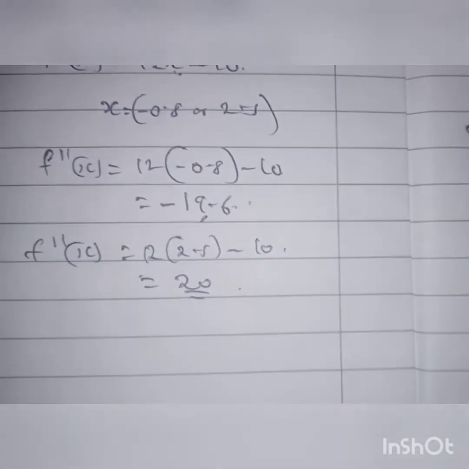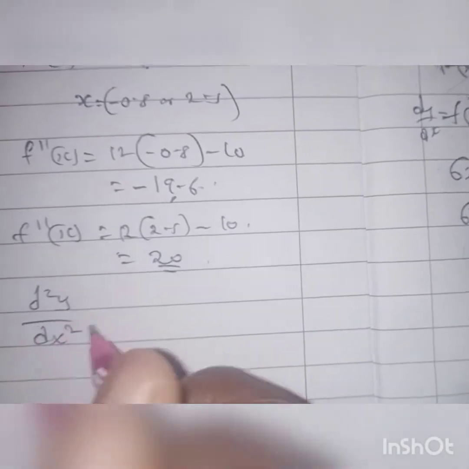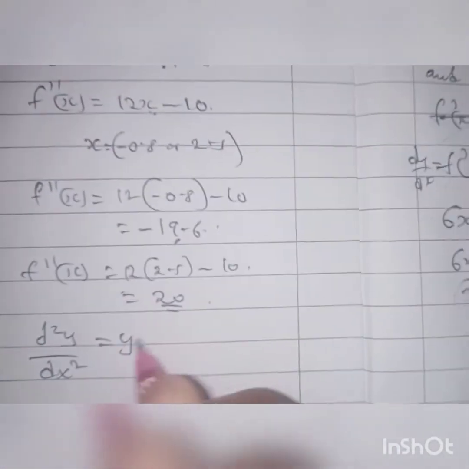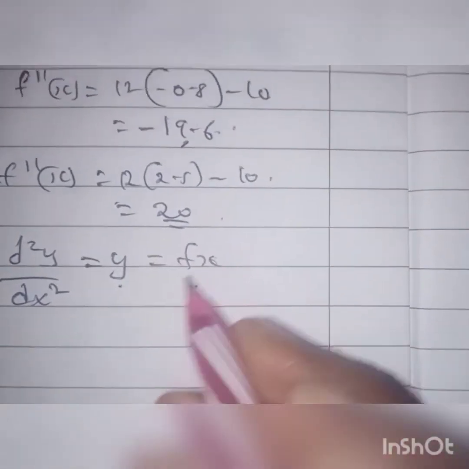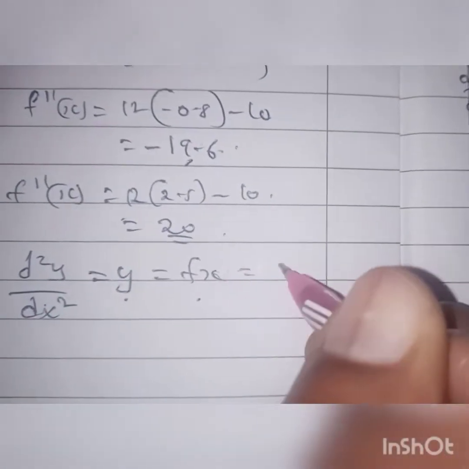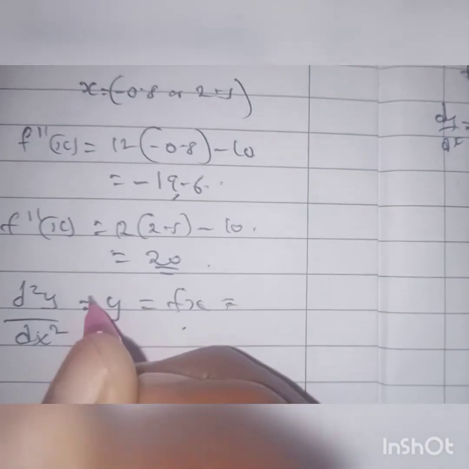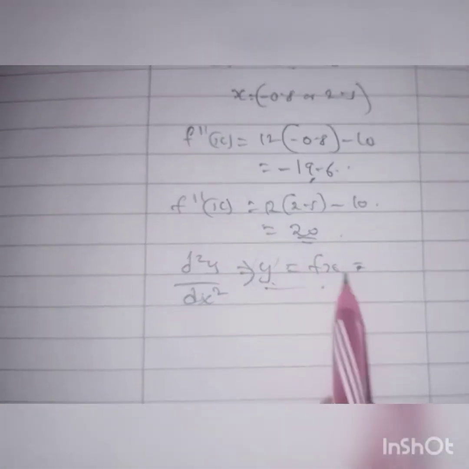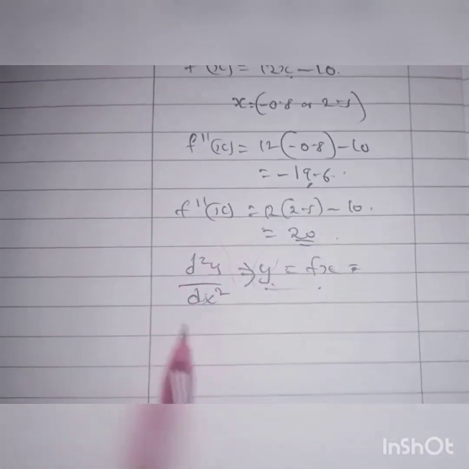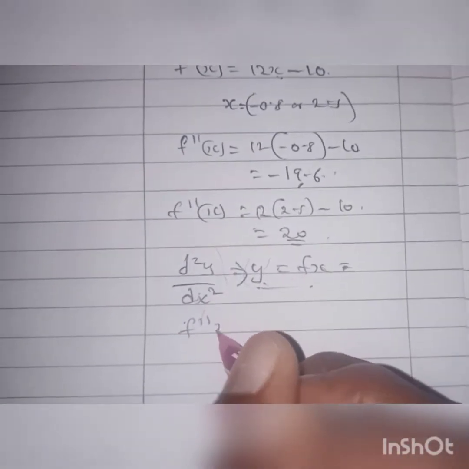So here, the second derivative is d squared y over dx squared, for a function y equals f(x). For any function given by y or f(x), the second derivative can either be written in this form or as f double prime of x.